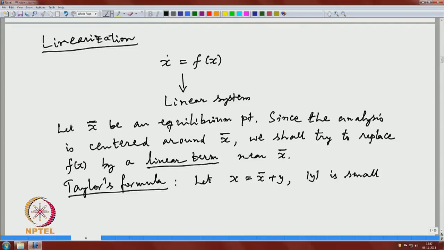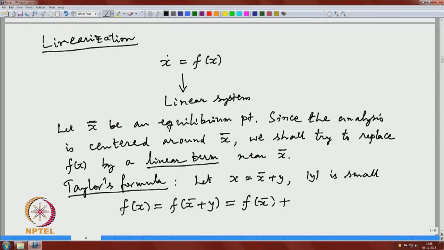So, f of x now will be f of x bar plus y. If it were just one variable and one function, what we generally do is f of x bar, plus the derivative of f at x bar times y, plus the second derivative of f at x bar times y square, etc.